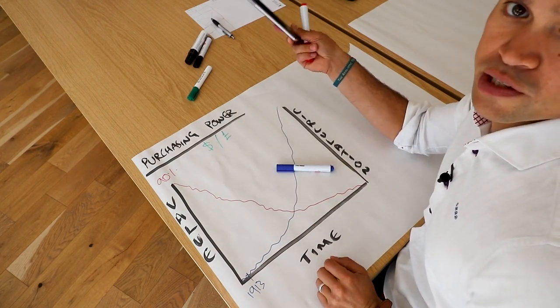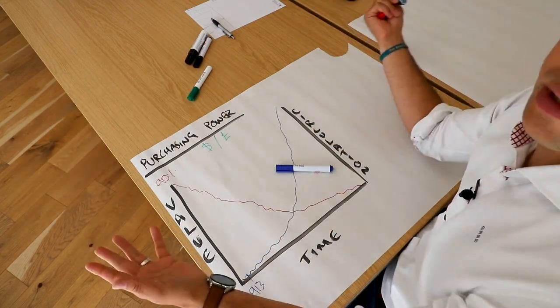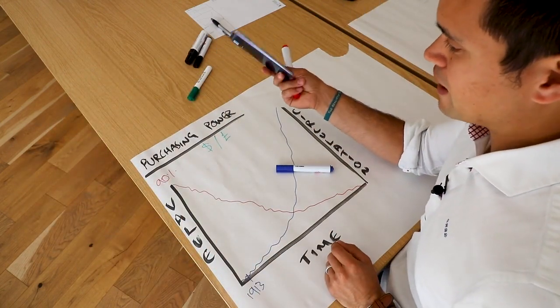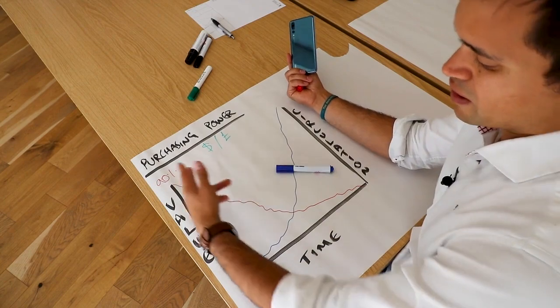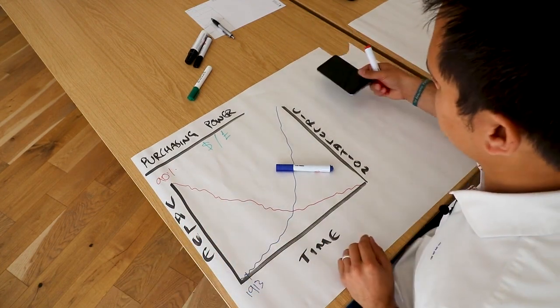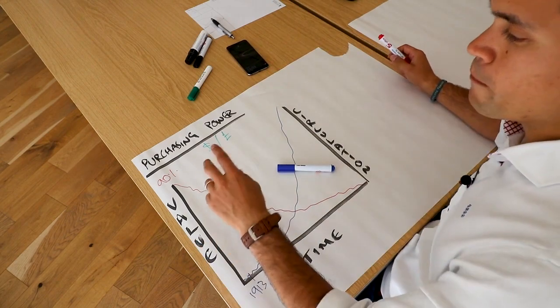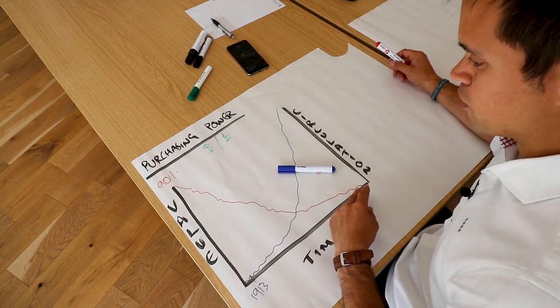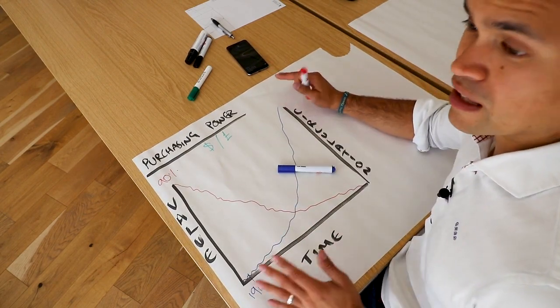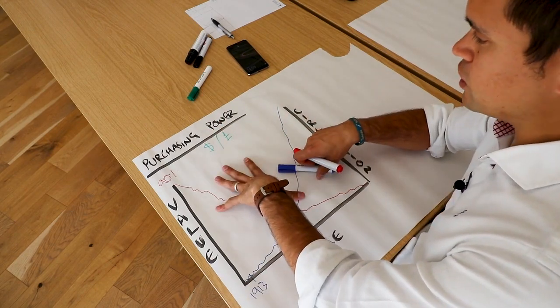The price is going to go up because there's now way more currency in the room. Value and price are slightly different, but hopefully that makes sense. The value of your money goes down because there's simply way more currency in the room. Okay, so that's the first thing you need to get your head around.